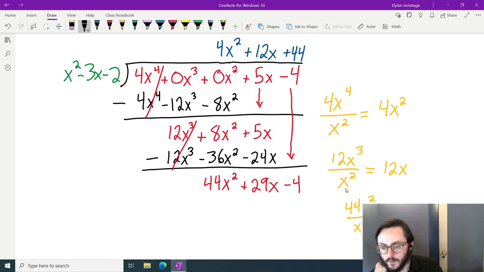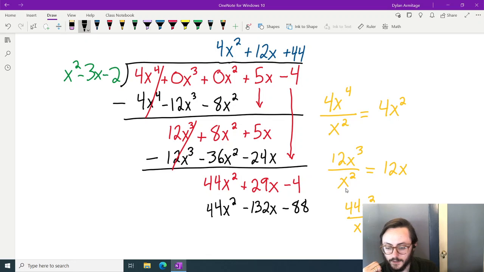Multiplying out, 44 times x squared is 44x squared, negative 3x times 44 would be negative 132x, and 44 times negative 2 would be negative 88.